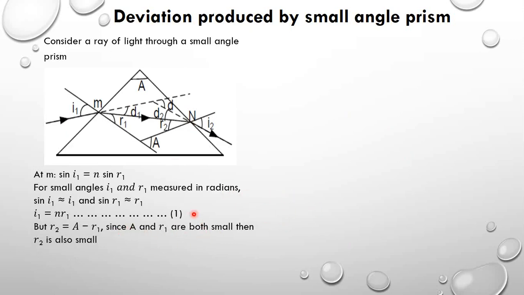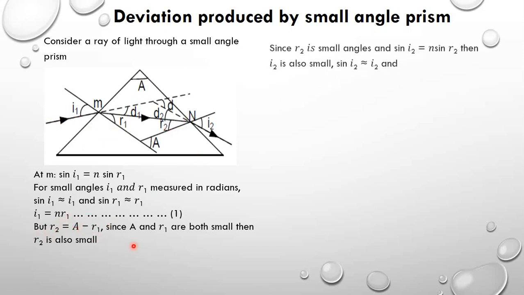We also need to note that since R1 and A are small angles in radians, it implies that R2 is also going to be a small angle because of the relation R2 is equal to A minus R1.